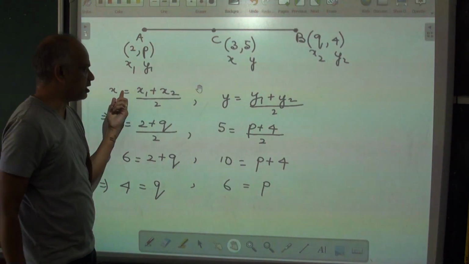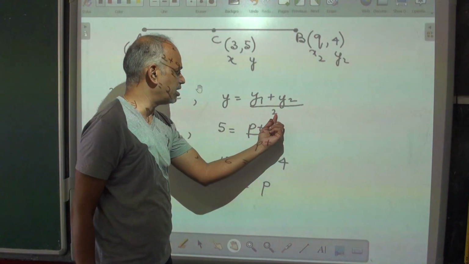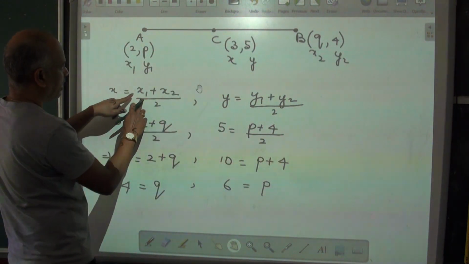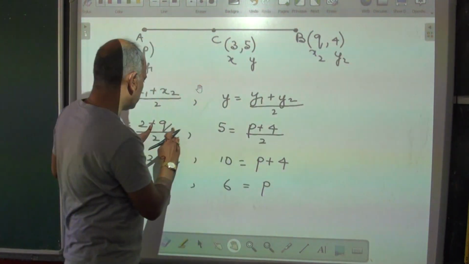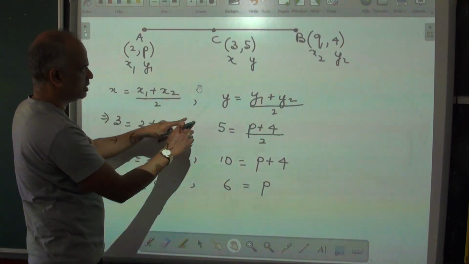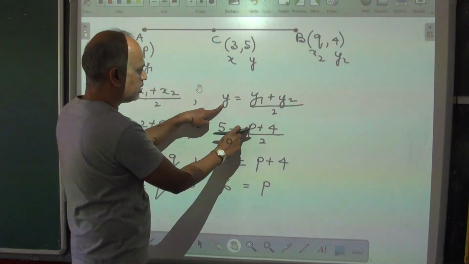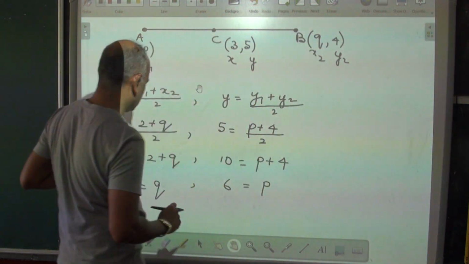The formula: x is equal to x1 plus x2 divided by 2, and y is equal to y1 plus y2 divided by 2. X value is 3, x1 is 2 plus x2 is q, divided by 2. Similarly, y value is 5 is equal to y1 is p plus y2 is 4, divided by 2.